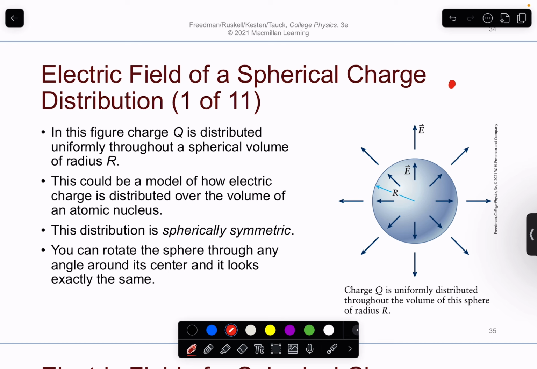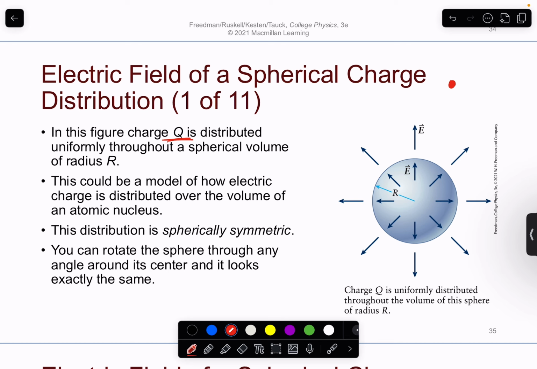Well, what if now, instead of a point charge, we have a 3-dimensional sphere, not to be confused with the Gaussian surface? This is like a metal ball that I've electrified. We have a 3-dimensional sphere that is charged, and let's say that charge Q is distributed uniformly over the volume of that sphere.